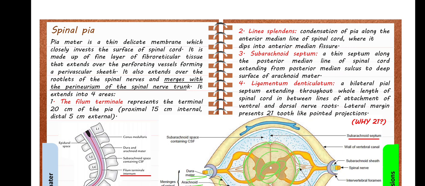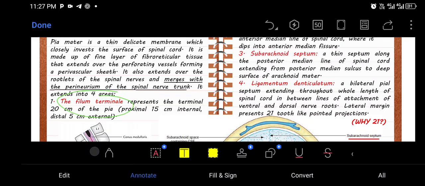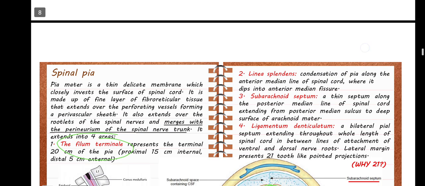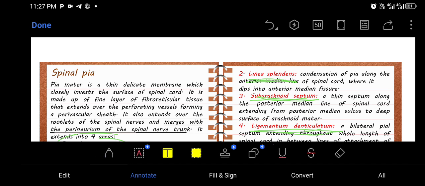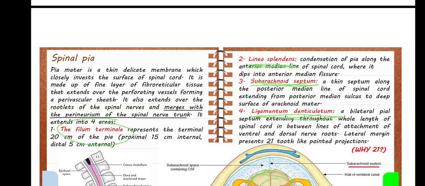It extends into the filum terminale, the linea splendens, the subarachnoid septum, and the ligamentum denticulatum. Those are the 4 areas that the pia extends into.